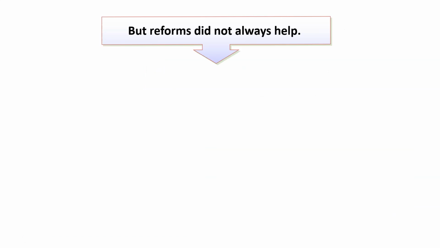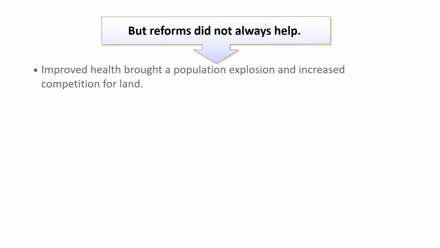But these reforms didn't always help. They maybe had the best intentions, but weren't always a positive result. For example, as science improved in the Ottoman Empire, as food production improved, well, it brought on a population explosion.